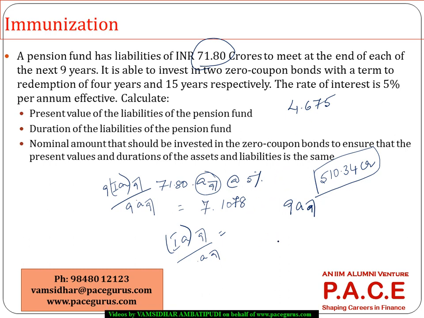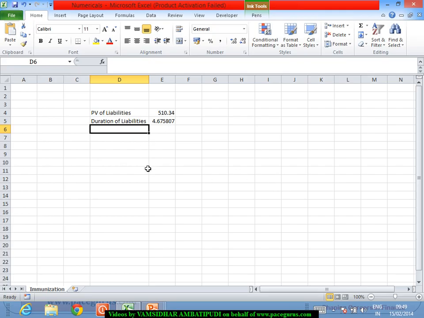Typically when I am talking about the duration, it is nothing but the time weightage that we are giving. So if one is coming at the end of each period, my present values have been v, v squared, v cube, and so on, whereas my durations have been 1v plus 2v squared plus 3v cube, which is nothing but an expansion of IA9. So that's where we say duration is nothing but IA9 by A9, which is giving me 4.675.